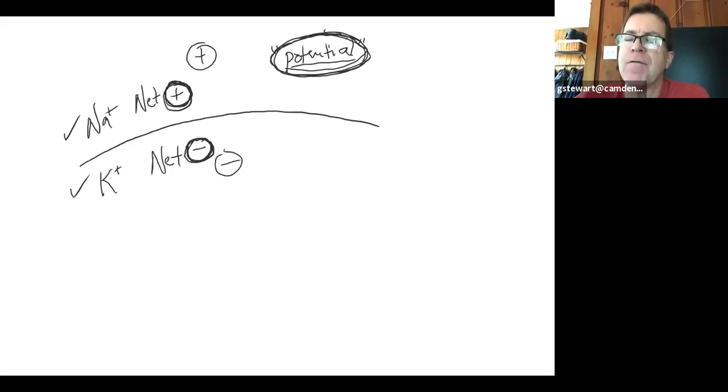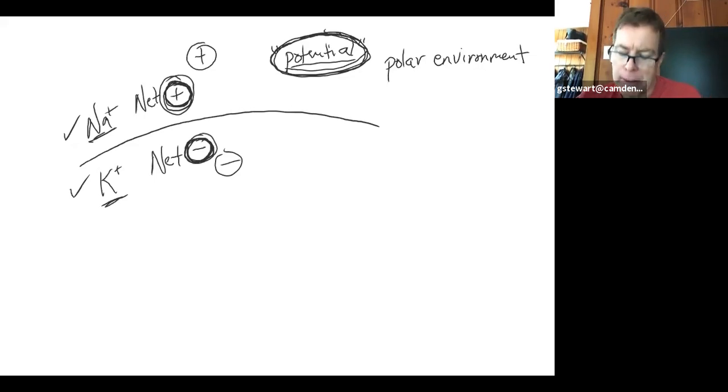With that positive negative relationship, we call this a polar environment. Polar just means opposite. So at resting membrane potential, this, positive, negative. Now we can continue our conversation.